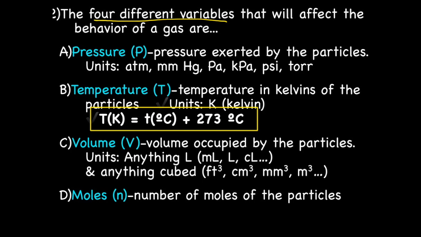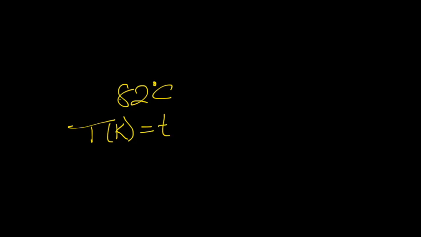Actually, why don't we practice it right now? If I had something like 82 degrees Celsius, and I wanted to know what it was in Kelvin, well, we have temperature in Kelvin equals temperature in degrees Celsius plus 273.